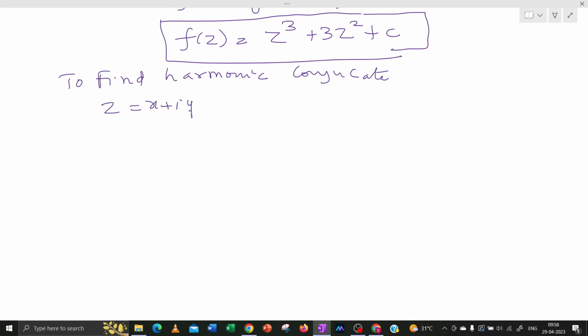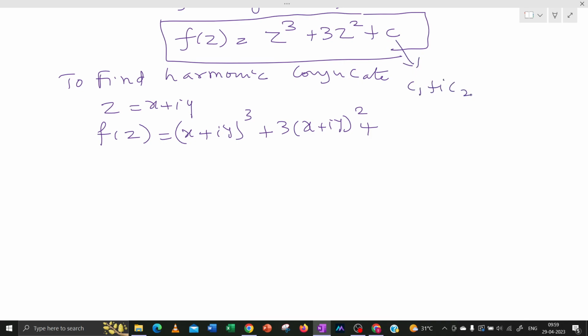So what is f of z? f of z equal to z cube, that is x plus iy whole cube, plus 3 into x plus iy whole square, plus a complex constant c1 plus i c2.